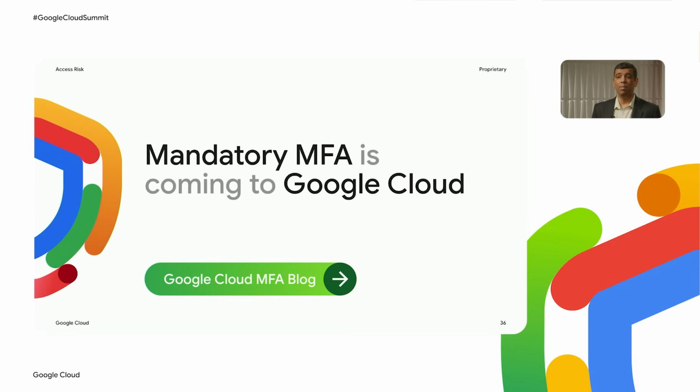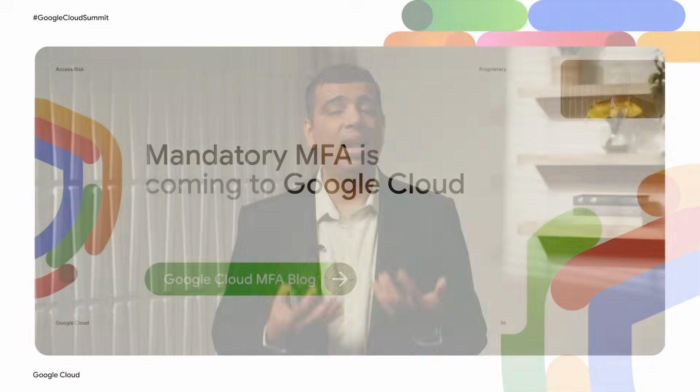So far, we have talked about admin time controls that we provide. We also have a number of controls that help you protect your resources at runtime. So let's go through them. First and foremost, late last year, we announced that mandatory MFA is coming to Google Cloud, which means if you have identities that have admin level privileges, then these identities are going to require to have MFA enabled.